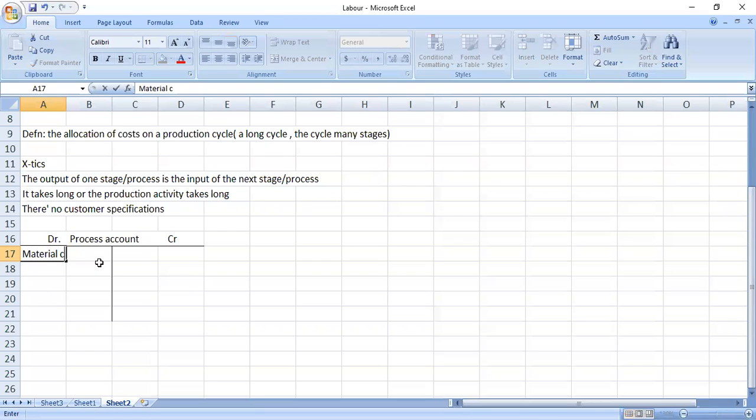Material costs, labor costs, whether direct or indirect, what we call overheads or not, must be on the debit side. Then you have overheads also.